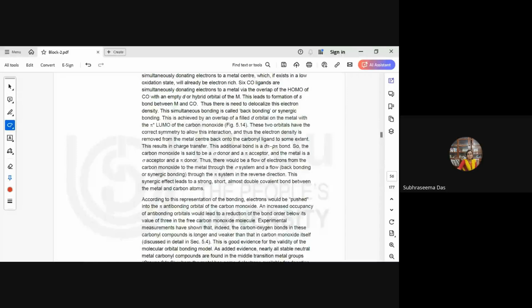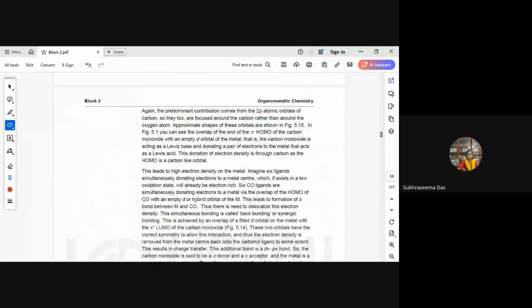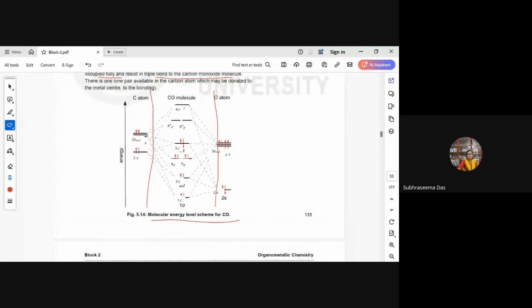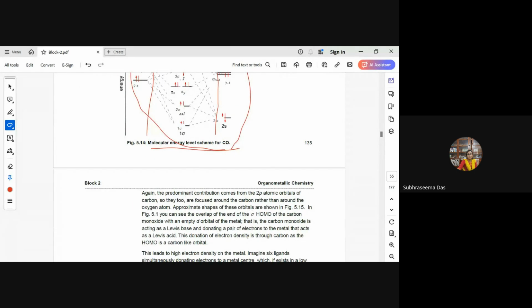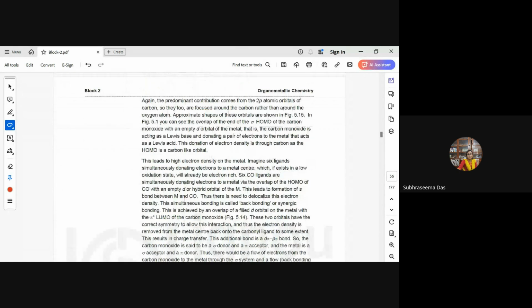So according to the representation here in the figure, various assumptions are made, and particularly the molecular energy diagram of CO leads to a very important concept which we call back bonding. Particularly we see the overlap of the sigma HOMO of the carbon monoxide with an empty d orbital of the metal.